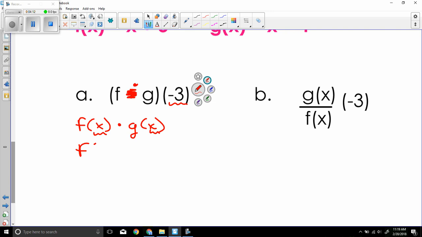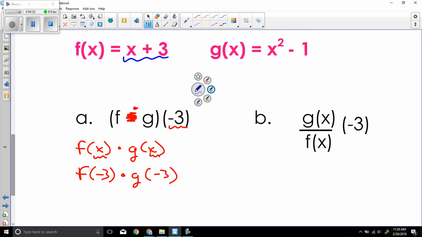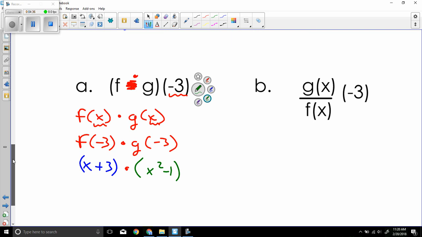Well, that's just f of negative 3 times g of negative 3. I know from up above that my f is x plus 3, so that's x plus 3 normally. Then I have times my g of x, which is x squared minus 1. But again, we know that x here is this negative 3.